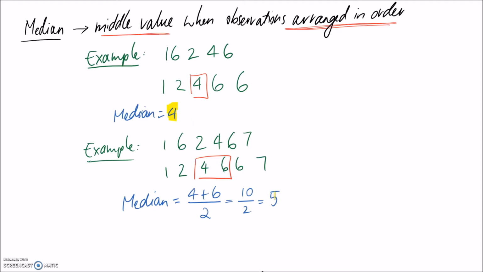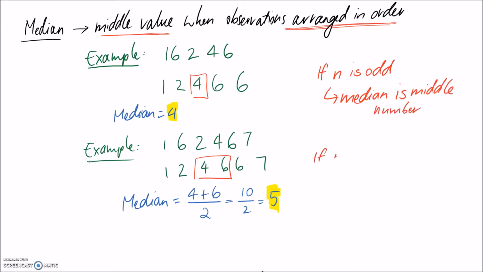So depending on whether we have an odd or an even number of values, we have to apply that slightly different rule. If we want to try and remember this, we can say if n is an odd number, like this first example was, then the median value is just straight away the middle number.